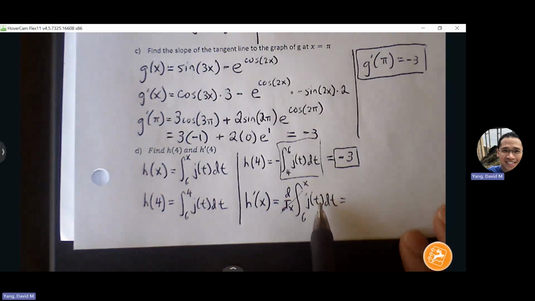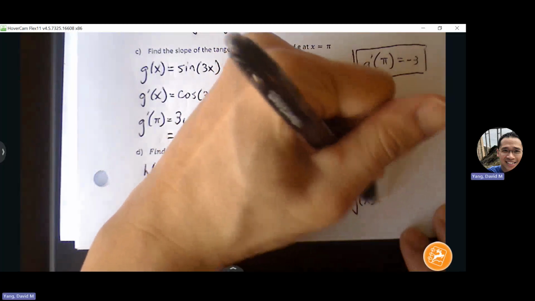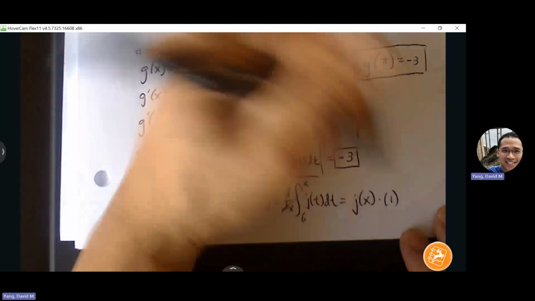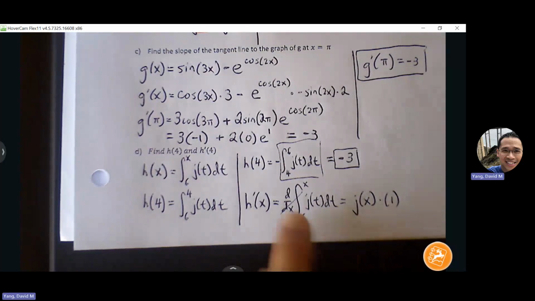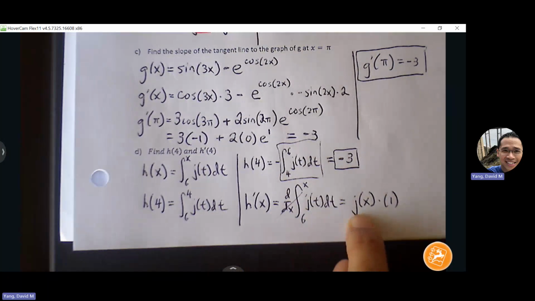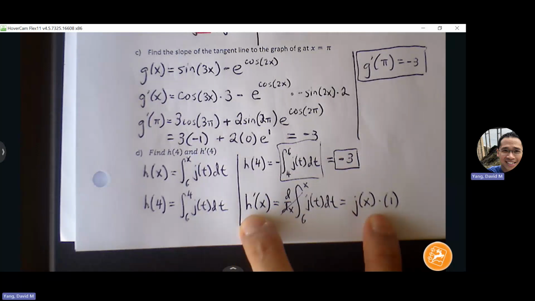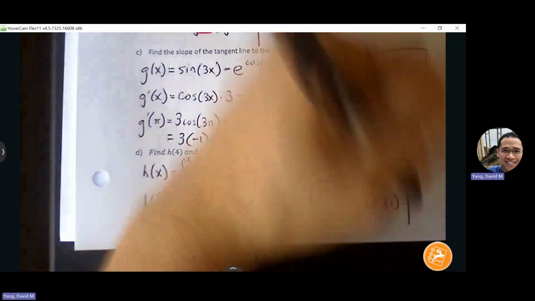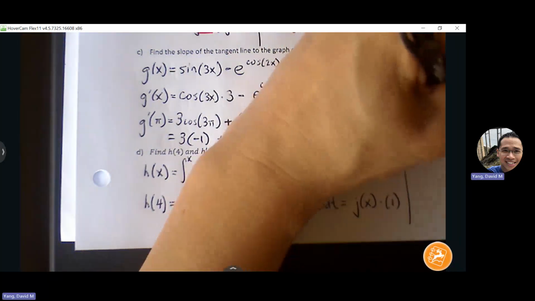We can just plug the upper bound into the t and multiply by the upper bound's derivative. So nothing's going to change because it's just really times 1. But that's what the second theorem is, right? We wipe this out, plug the upper bound into the function, and then multiply by the upper bound's derivative. So h prime is simply just j of x. So h prime of 4 is just j of 4.